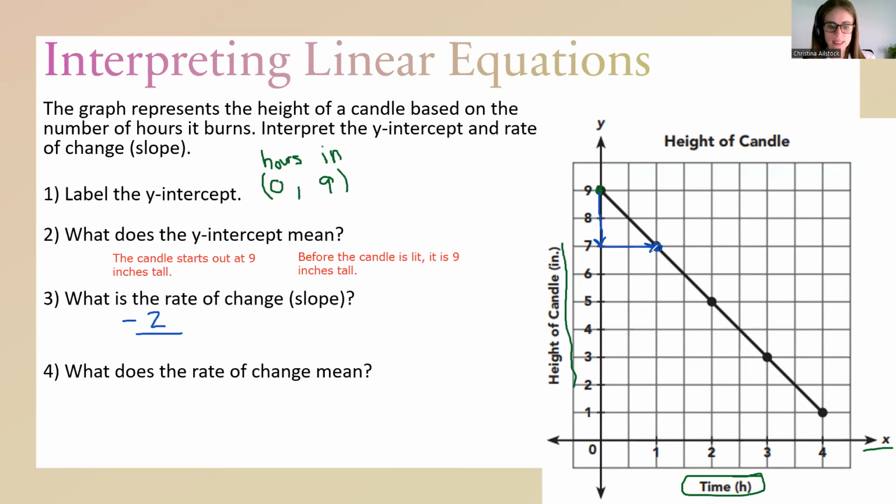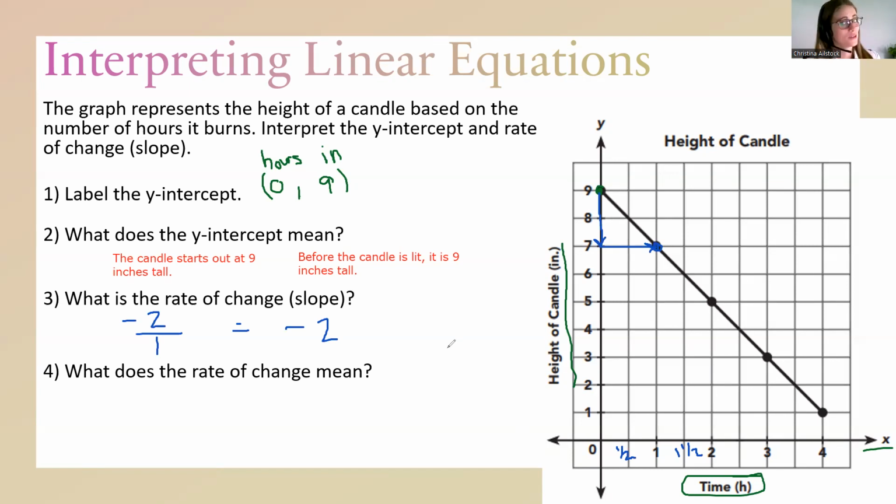Now remember, our x here is counting by halves. So even though we go over 2 spaces, we're really going over 1 whole, because this would be a half, this would be 1 1/2, etc. So if we simplify this, we have a slope of -2, which negative matches, it's decreasing.